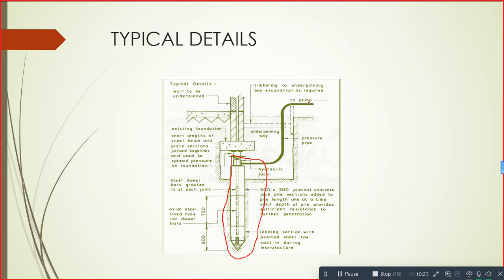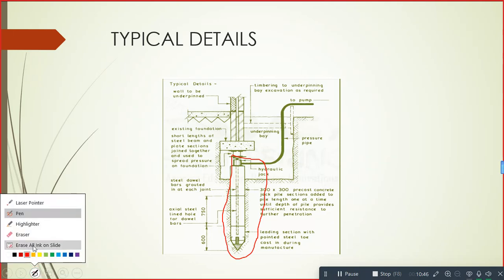As you can see here, we have the pump which is applying pressure to the hydraulic jack so that it can go into the subsoil. These are the typical details. You can go and look at them further.